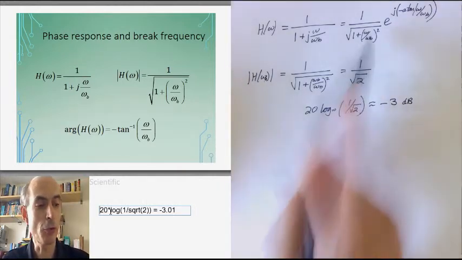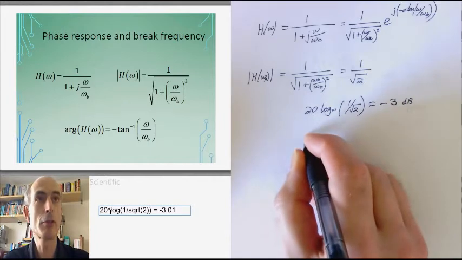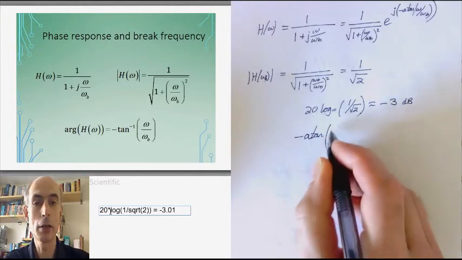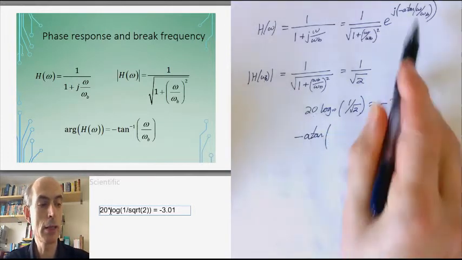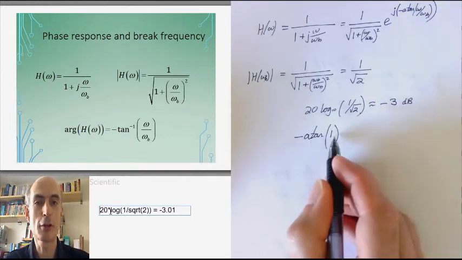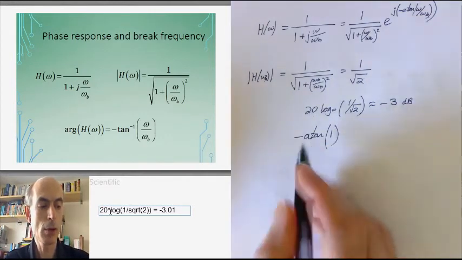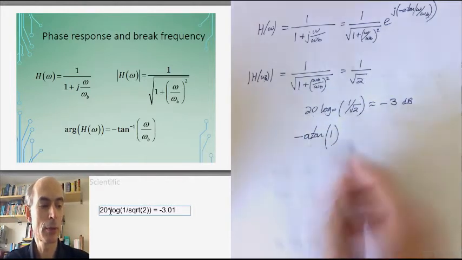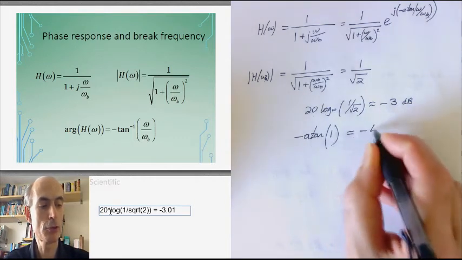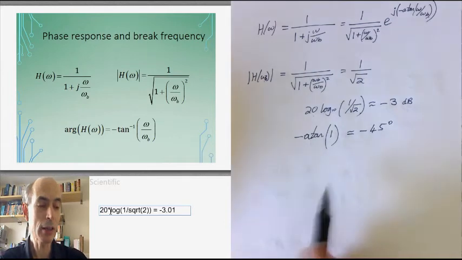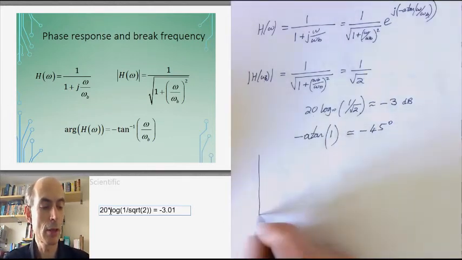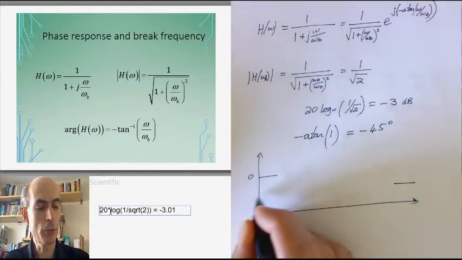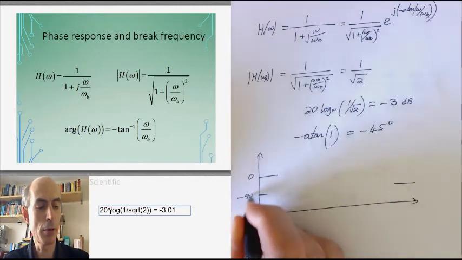And in terms of the phase response, at the break frequency, the phase response would be minus the arctangent of omega over omega b, but when omega is omega b, that's just minus the arctangent of 1. Well, the angle that has a tangent of 1 is 45 degrees. So this is just minus 45 degrees, which is exactly halfway between the low frequency approximation, that the phase angle is 0 degrees, and the high frequency approximation, that the phase angle is minus 90 degrees.